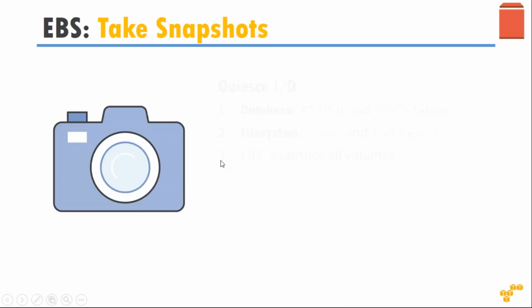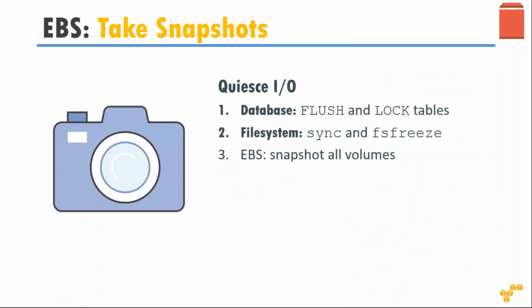So always remember that when you're taking snapshots, it is good to stop the IO operations. Your IO operations are queued until you finish your snapshots. Because what a snapshot does is take an exact copy of the data and dump it to another disk.